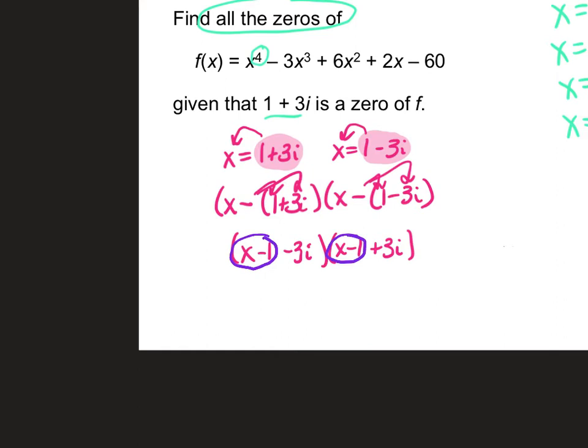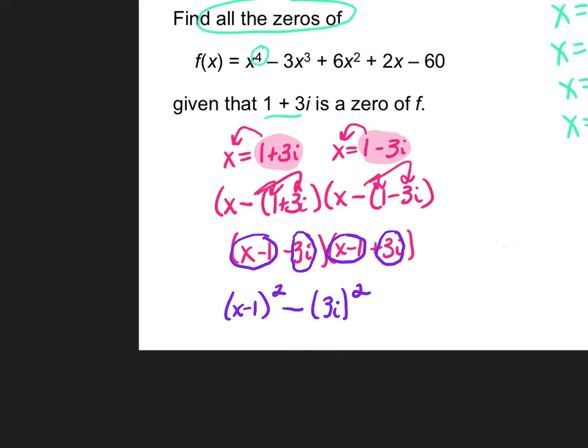Are those two exactly the same? Yes, so I'm just going to write (x minus 1) quantity squared. Is this term the same as this term without the signs? Yes, so I have (3i) quantity squared. Since this is the difference of perfect squares, you put that minus sign in the middle.